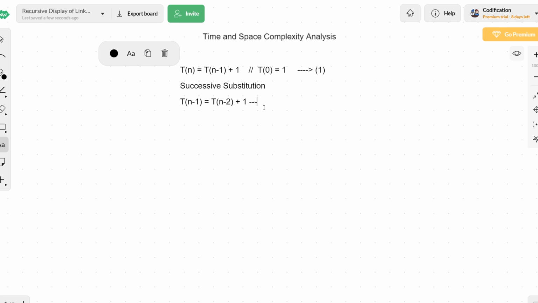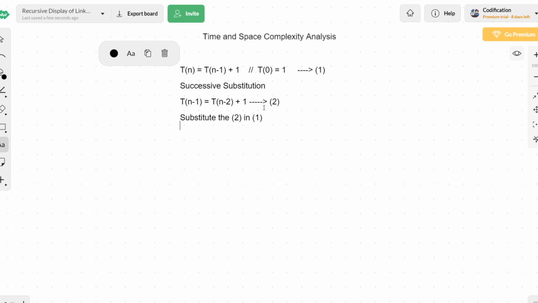Now let us take this as the second equation. The next step is to substitute equation 2 in equation 1.